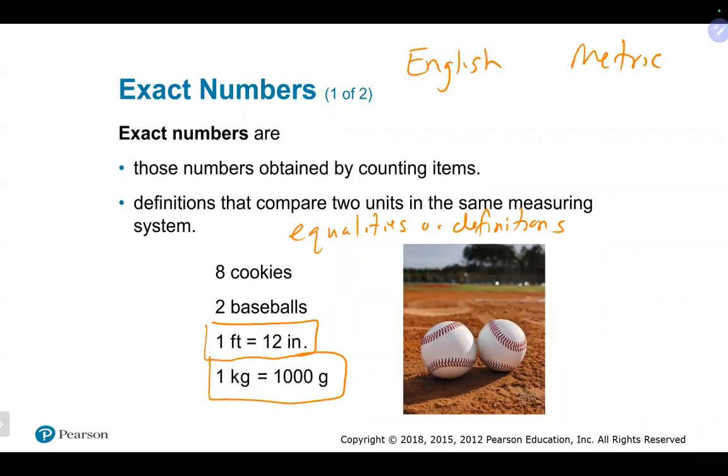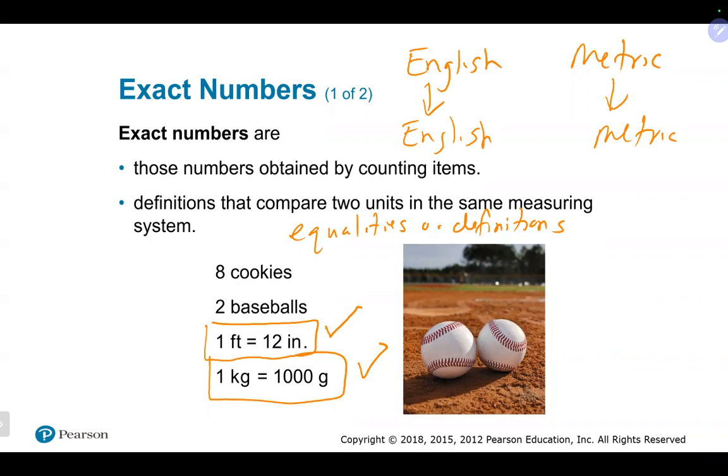If you have a conversion factor or equality that is English to English, that 100% is going to be an exact number, like this one right here. If you have a metric to metric conversion, that also is going to be considered an exact number, like this one here. 1 kilogram is 1,000 grams would be a metric to metric conversion.